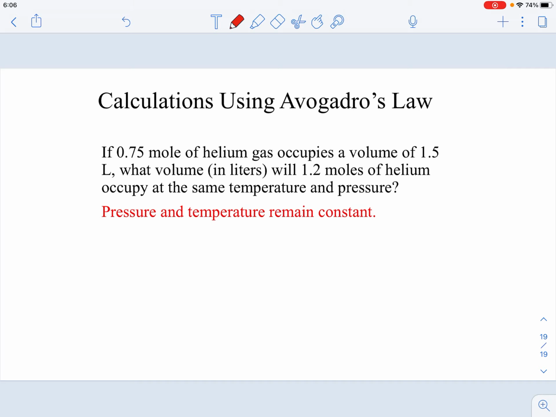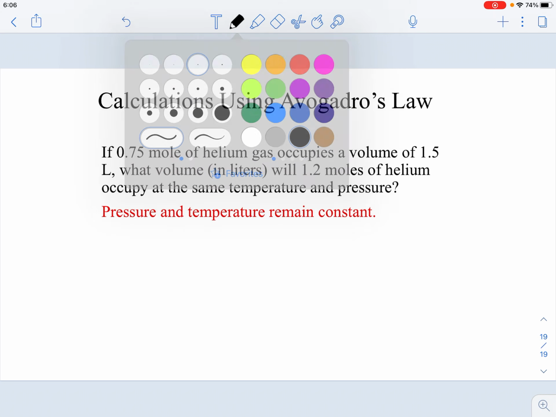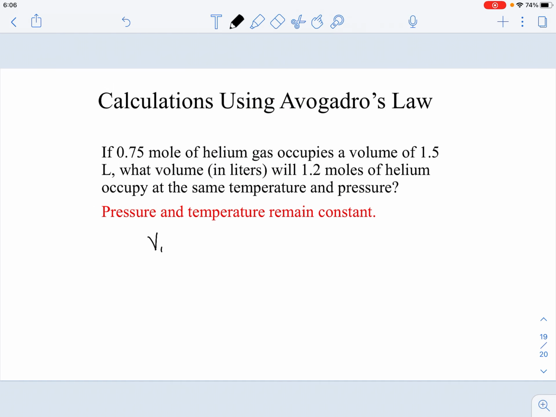Okay, so when it comes to the equation, let's write it down, which is V1 over N1 equals V2 over N2. We are trying to solve for volume, which is V2. So we rearrange our equation. V2 equals V1 times N2, everything divided by N1.